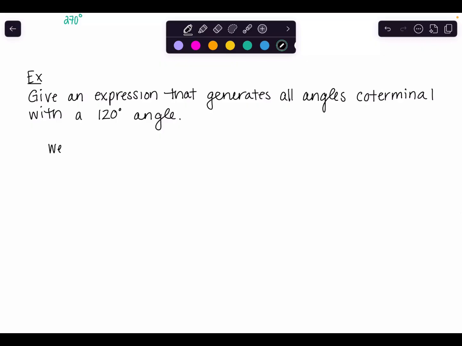So we can always add or subtract any multiple of 360 to get a coterminal angle.